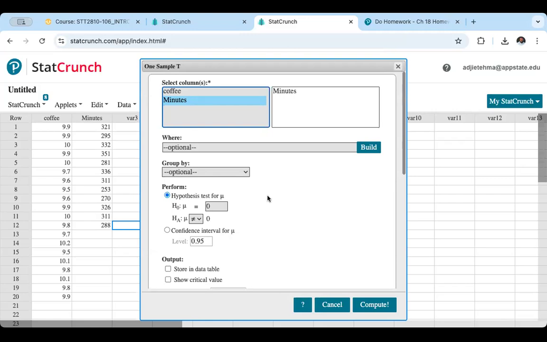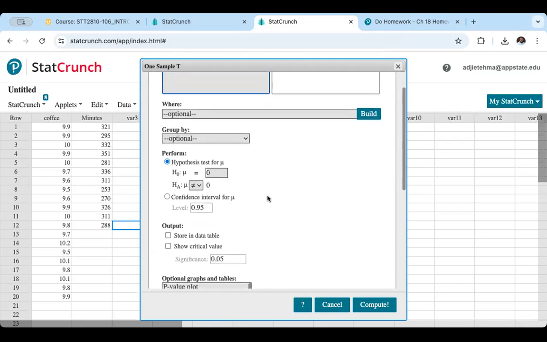Then the other thing you have to do is to make sure that you put in the hypothesis correctly here. Is that okay? The hypothesis mu naught is equal to what? 300. And then the alternative is greater than 300. Is that okay? So make sure that you put in the hypothesis correctly here.